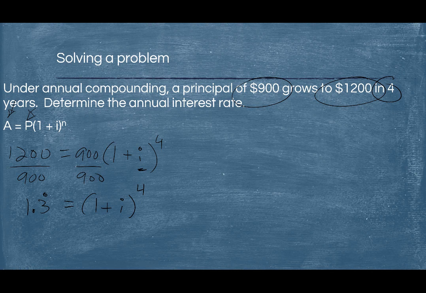Just like in one of our last examples, if it's to the power of 4 on the right, then it's going to be to the exponent 1 over 4 on the left. And then I'm just left with 1 plus i. So right now I've got 1.3 repeat still sitting on my calculator, and I'm going to type in to the power of 1 over 4, or I can say the 4th root if I want to.